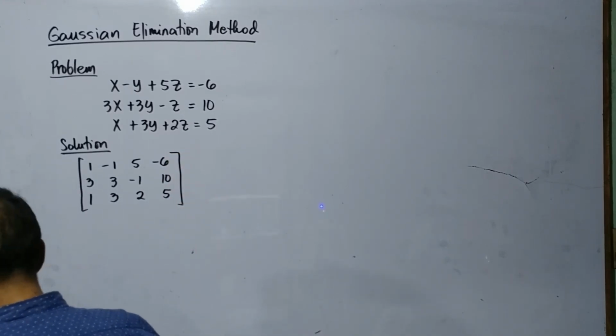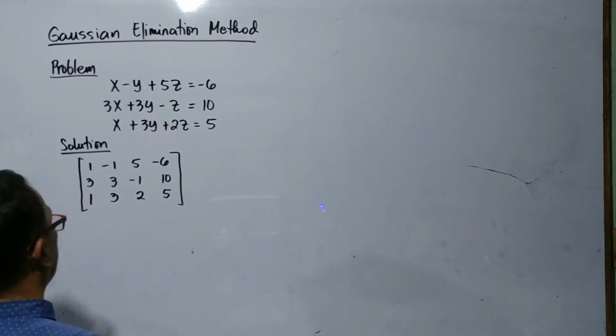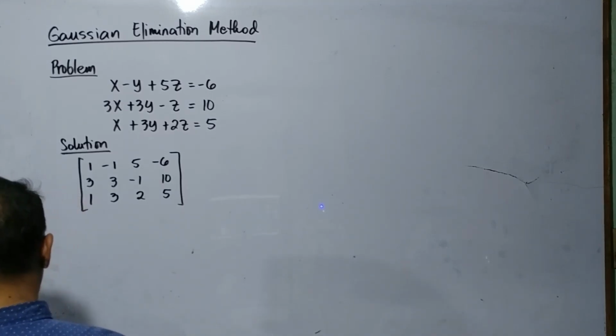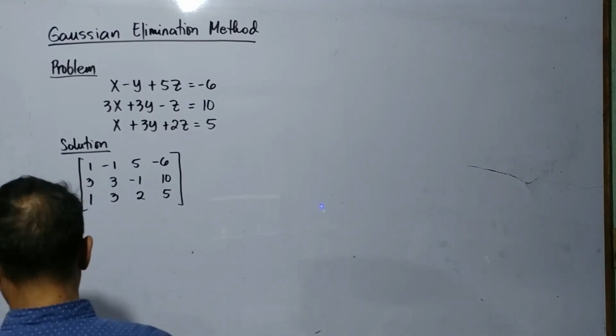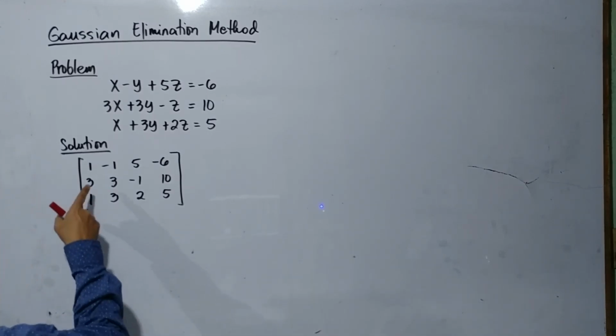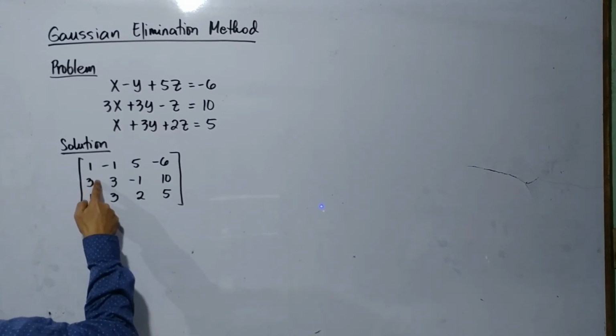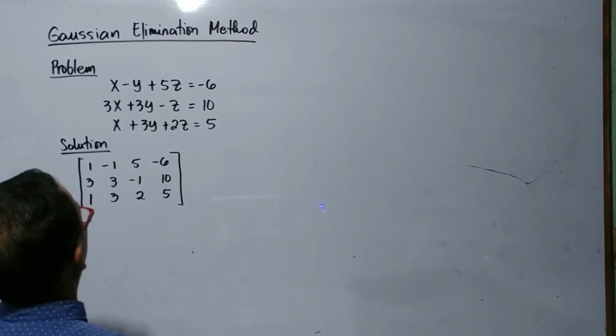So you have to convert it to matrix. So first, you have to make this first column, second row to 0, and first column, third row to 0.